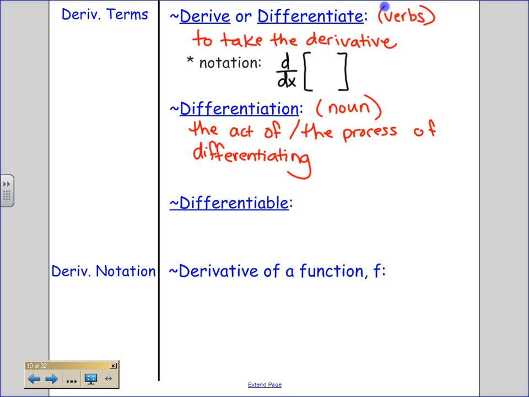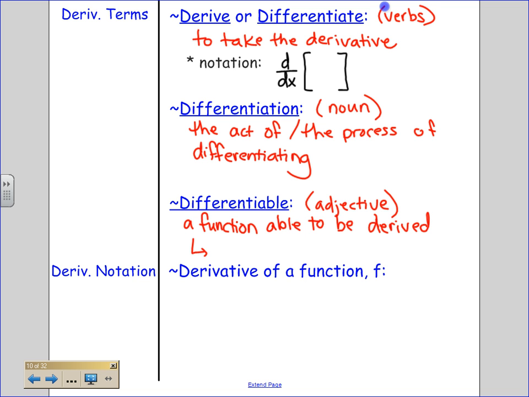Okay, so differentiable, what does that mean? It's the adjective. Adjective, differentiable. I know my OCD ones, I'm sorry, there's an underline. Differentiable is a function able to be derived, but maybe a little bit more clarification on that.